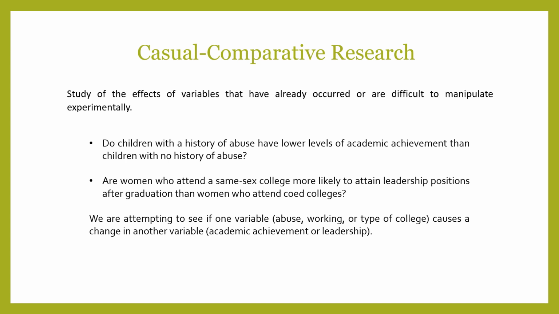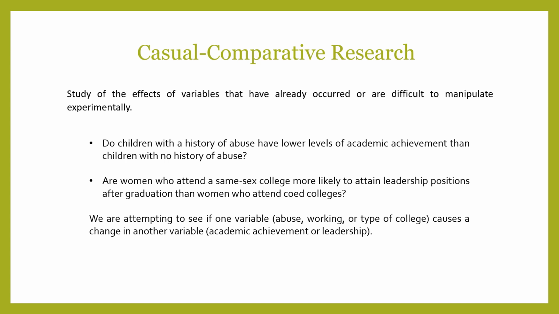The independent variable is something that we can do and manipulate with the group. But in the case of causal comparative, the independent variable is something that had happened. It is not something that I can apply.